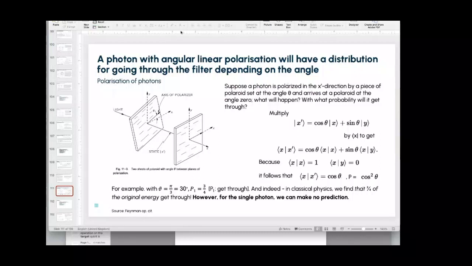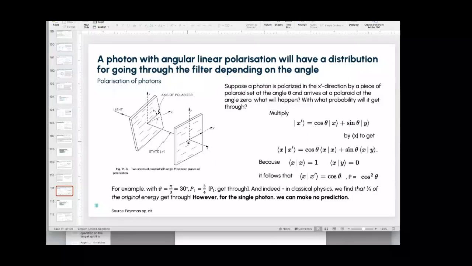If you have a photon or beam of light and you put it through a polarizer in the X direction, and then you put here a Polaroid at angle theta to the X-axis, and now you want to measure, and then here you have a Polaroid at angle 0.